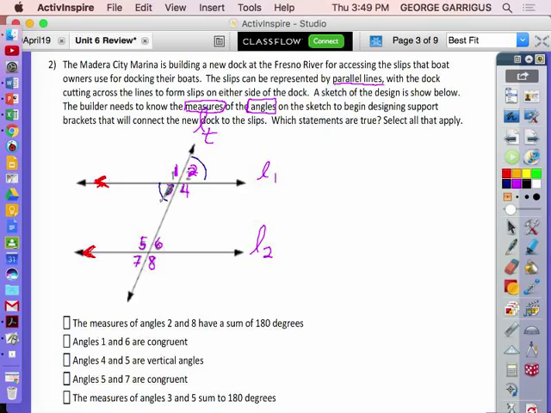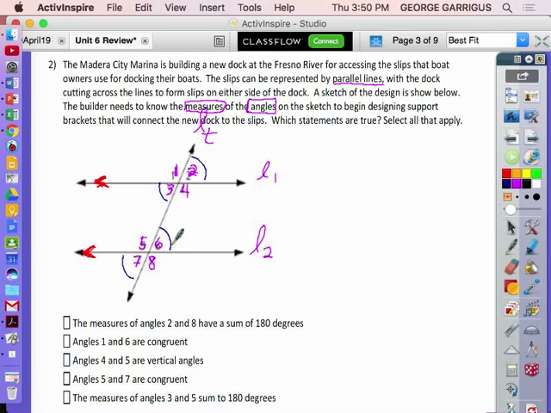Okay, and since this transversal line is cutting across, and since line 1 and 2 are parallel, that means this angle in the same corresponding position, angle 7, has to be the same as angle 3. Likewise, angle 2 and angle 6 have to be the same angle.